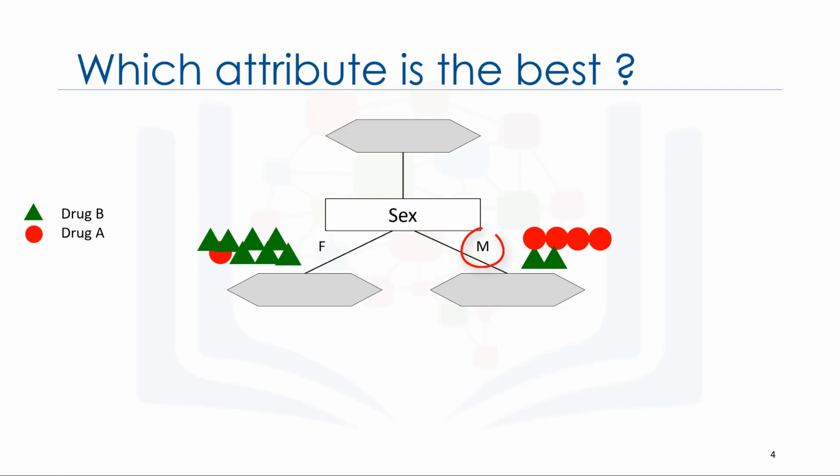But if the patient is male, we don't have sufficient evidence or information to determine if drug A or drug B is suitable. However, it is still a better choice in comparison with the cholesterol attribute because the results in the nodes are more pure. It means nodes that are either mostly drug A or drug B.